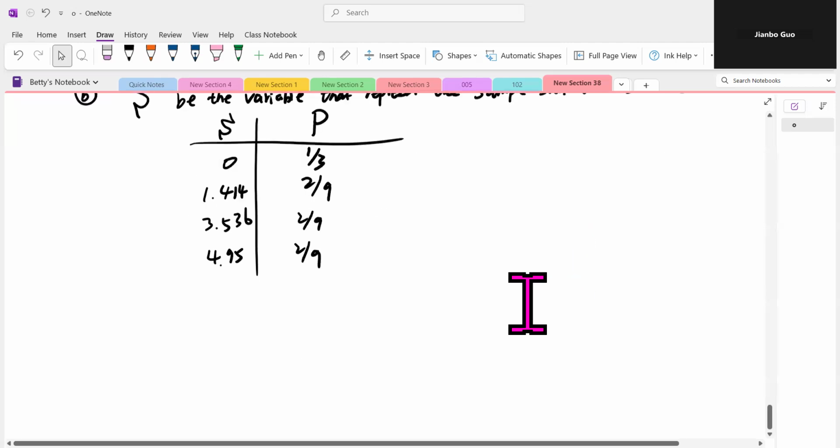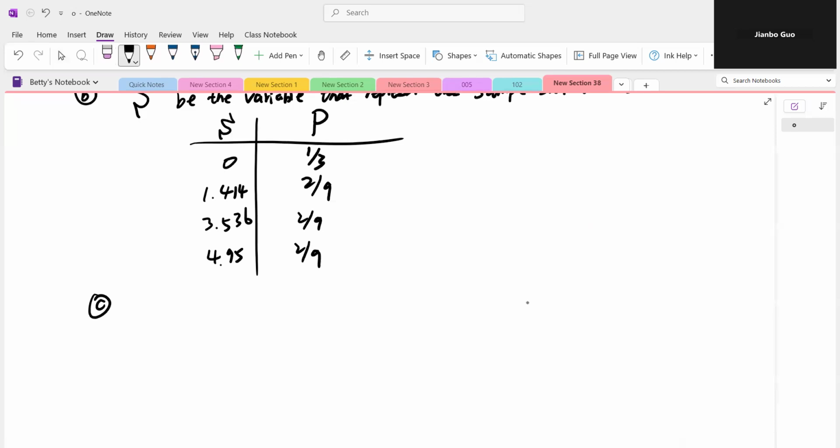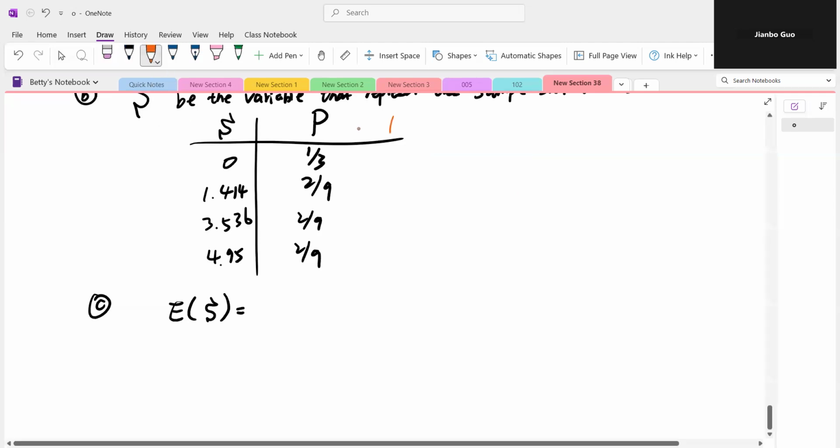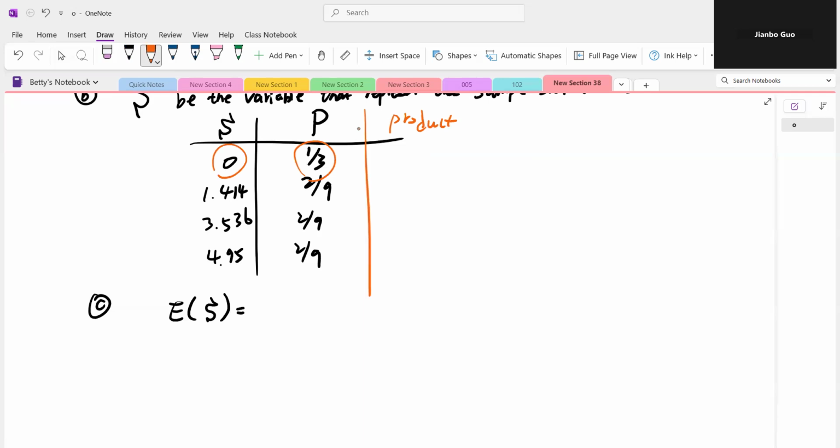And part C is to find the expected value of S. The expected value of a random variable can also be seen as the mean of the random variable, right? So how do we find the expected value for the random variable S? We multiply the value of the random variable with the corresponding probability.